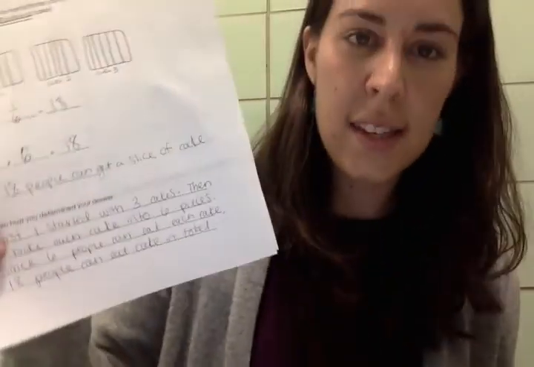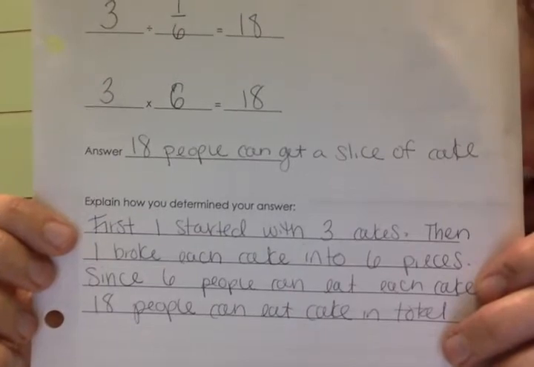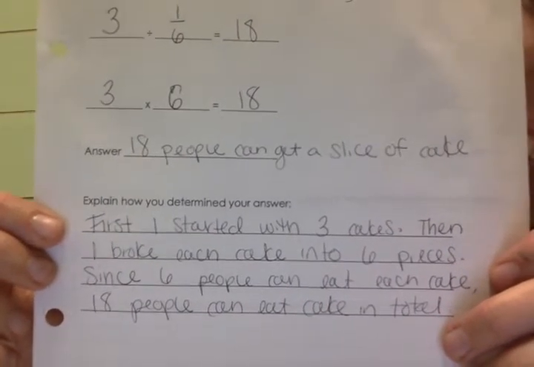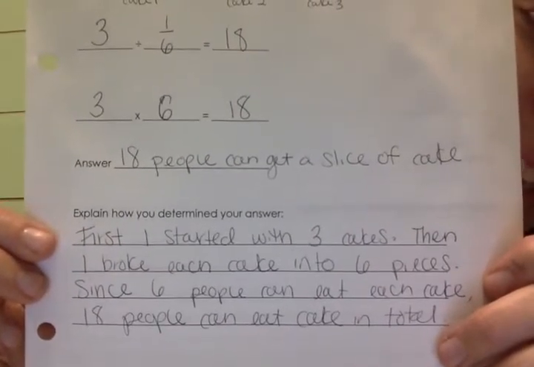The last thing it asks us to do on the first page is explain how we got our answer. Here's what I wrote. First, I started with 3 cakes. Then I broke each cake into 6 pieces. Since 6 people can eat each cake, 18 people can eat cake in total. One thing I want to point out is that I used the context of the question, what it's about.